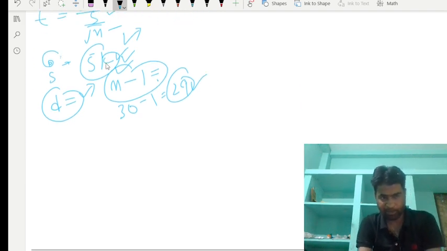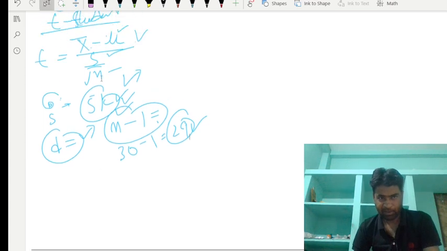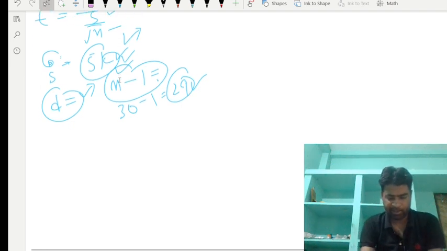Now I am going to substitute all the values in this formula. T is equal to x bar minus mu upon s upon under root n. X bar minus mu over s upon root n gives the standard error estimate.